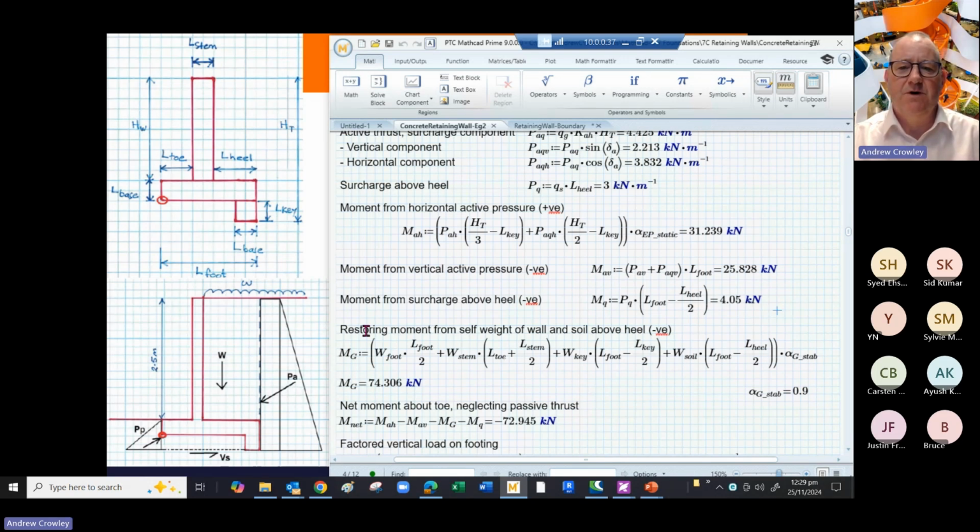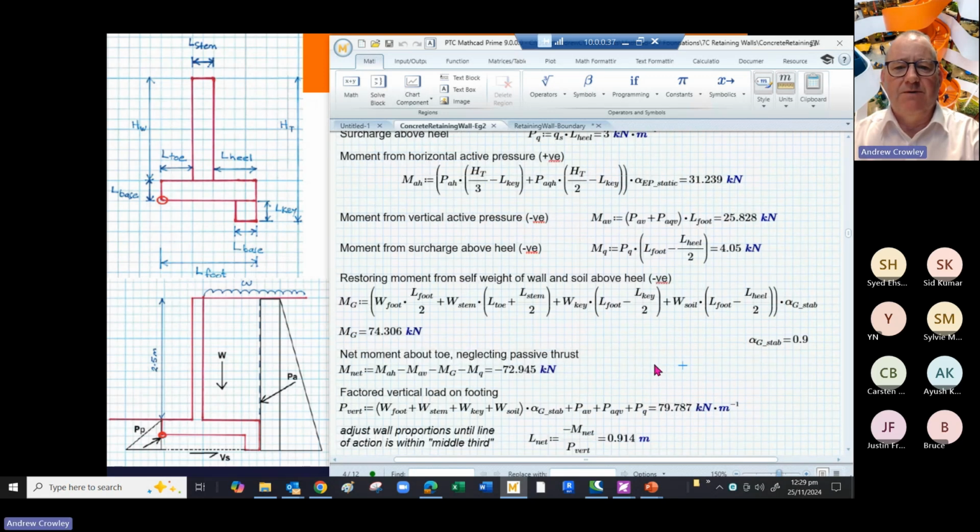So the full restoring moment from the self-weight of the soil and the self-weight of the wall works out, if you multiply the weights by the lever arms by the stabilizing factor, in this case 0.9, as a restoring moment of 74 kilonewton meters per meter.